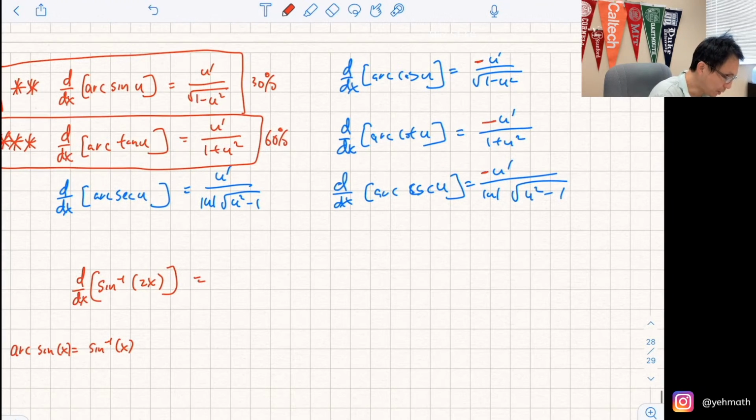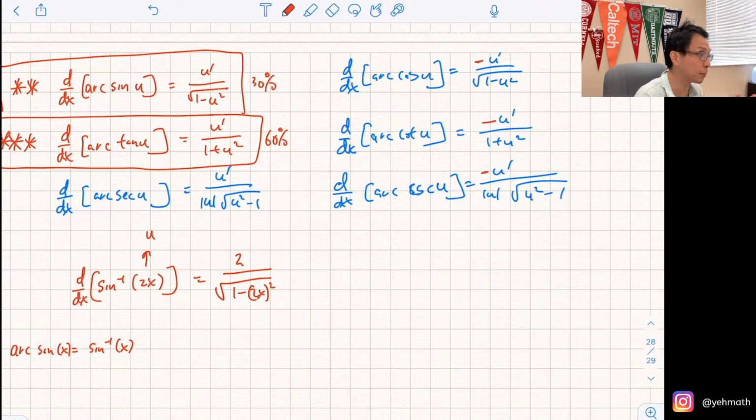Okay, so I'm going to ask you to take a derivative of this. But this one's actually super easy. The way to think about it is, think of this as some type of junk. We're going to call this junk u. Then all we're going to do is put u prime on the top, which is 2, over square root of 1 minus (2x) squared. Make sure you put a parenthesis around 2x, because otherwise you think it's square root of 1 minus 2x squared, but it's not.